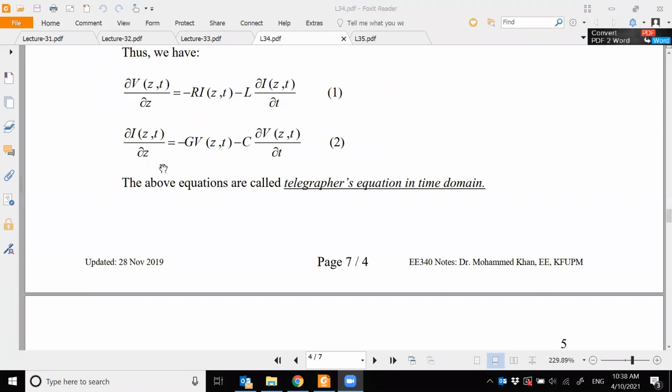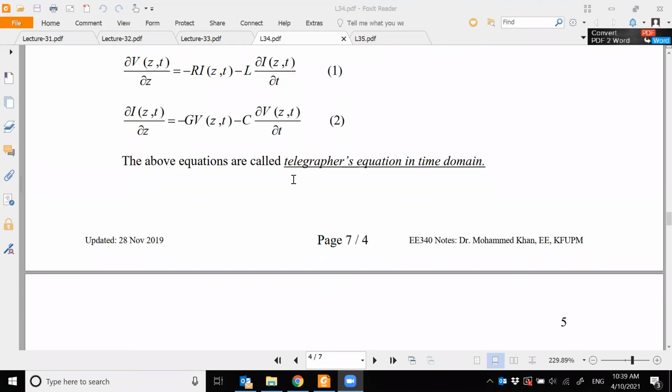We took the help of solving it in the frequency domain. That means we remove the time domain by assuming a dependency of e^(jωt), and therefore we worked with phasors. With phasors, it becomes much easier, where we can change back to the instantaneous or time domain form. So here also we will do the same. We will change this to phasors.